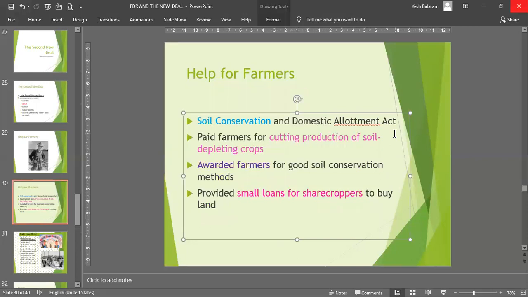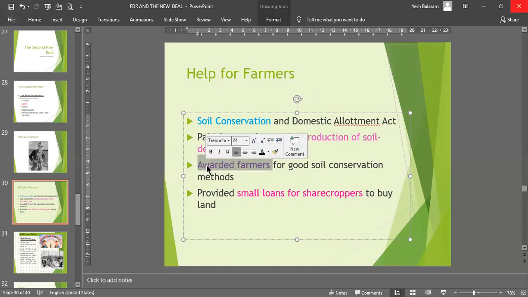So Roosevelt encouraged farmers to conserve or save the soil using different methods, and in return, he awarded these farmers. So the award could come in the form of machinery, like tractors, or it could come in the form of cash. Thirdly, he provided small loans for sharecroppers to buy land.